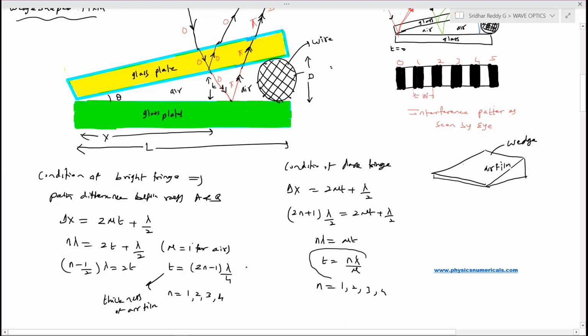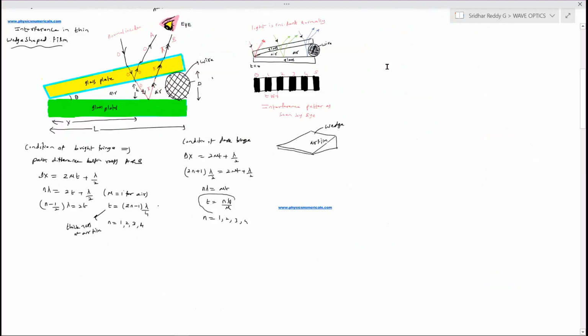How to get the diameter of the wire, and from where to bring it? Now, why will the order of interference come? Yes, definitely, as you put n equal to 0, the thickness of the air film will be 0. I think I have to show you this part.